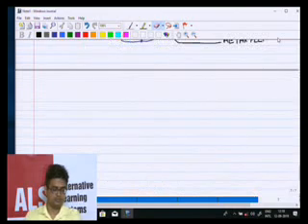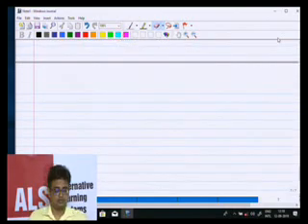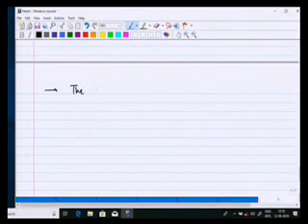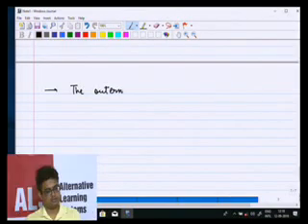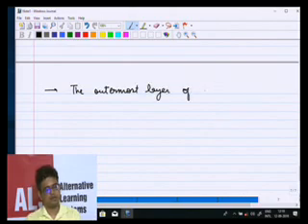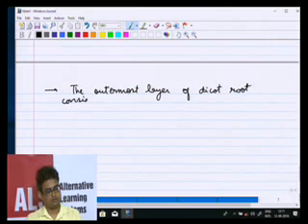Now please write the description, the things that we have to know about this. So the description we have to write now. The outermost layer of dicot root consists of epidermis.